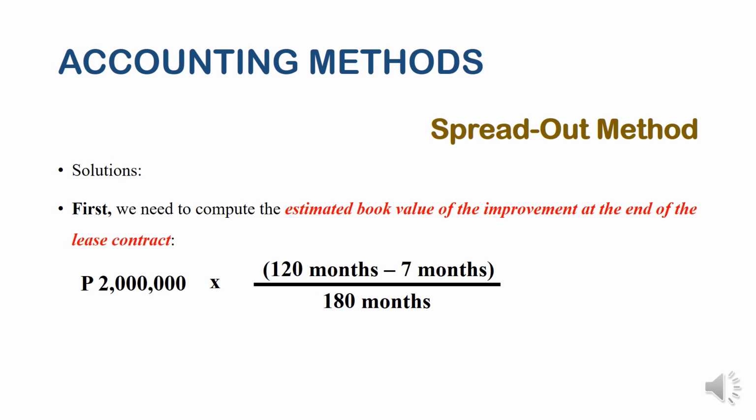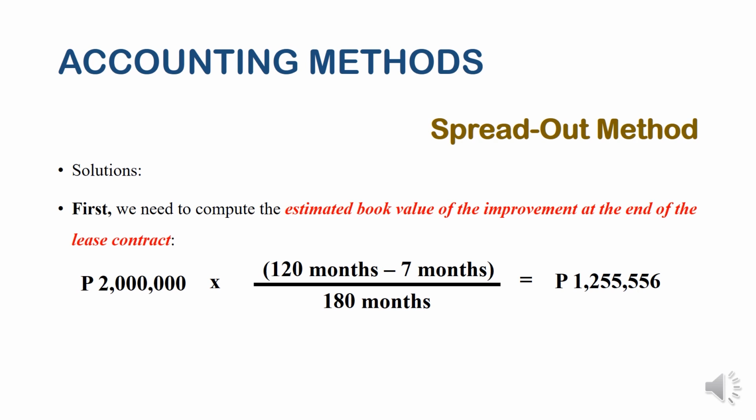From January to July 31. Remember that the completion happened on August 1. So from January to July 31, it's been 7 months since the lease contract has started. The 180 months is actually the useful life of the improvement. That is 15 years times 12 months.